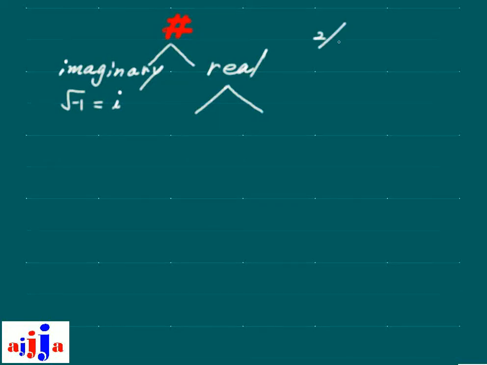Some numbers you can write like this, or maybe 3 tenths. That's what we can write, but sometimes you cannot write.